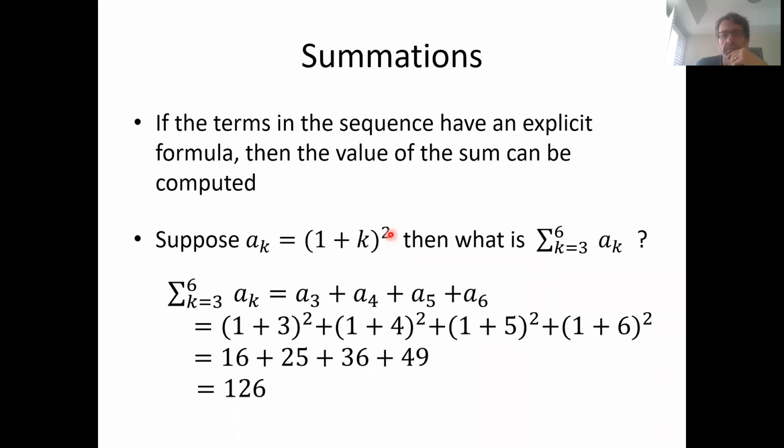Then you can ask, I want to evaluate the sum of elements in the sequence from the 3rd to the 6th. So it's again A3 plus A4 plus A5 plus A6, except that these are now defined by a different formula, which is this one. So this will be 4 squared plus 5 squared plus 6 squared plus 7 squared, right?